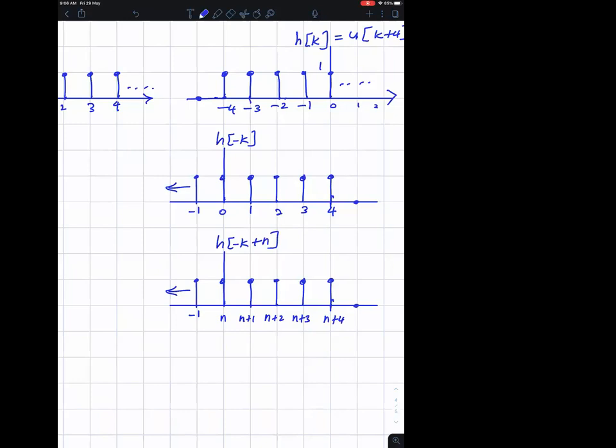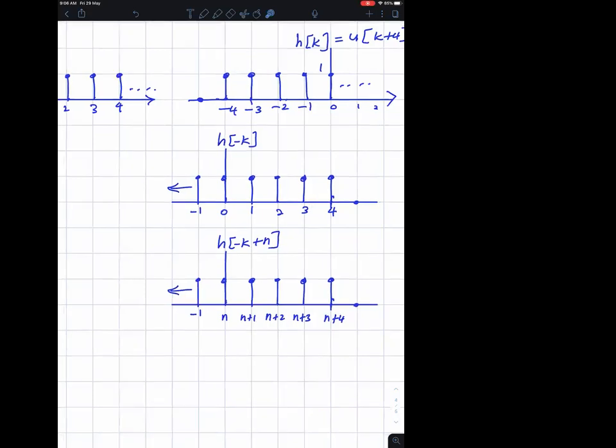If n is 0, it's going to be the same as this. If n is minus 1, it's going to be shifted to the left side. If n is positive 1, it's going to be shifting to the right side. Right? So for now, we don't know what n is.